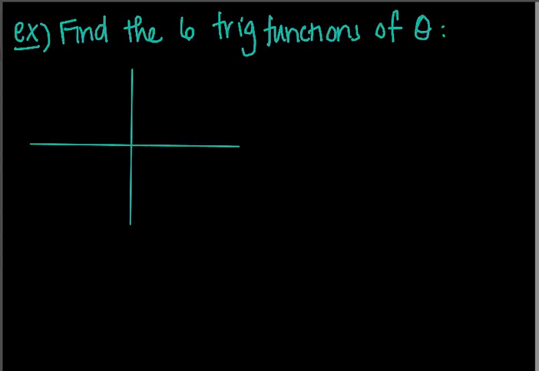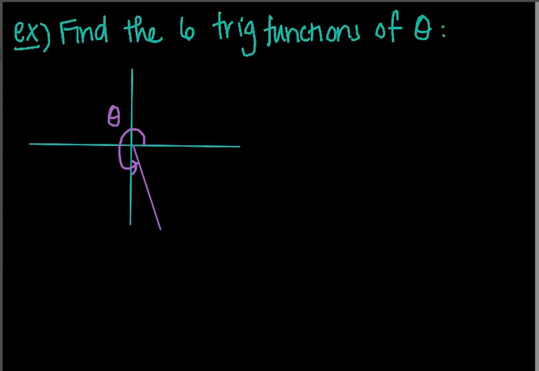Here's my x and y, xy plane. Okay, and let's put theta. Let's say theta goes here. Now, what direction did theta go in? Well, it doesn't really matter because my sine, cosine, tangent are going to be the same, but let's make theta go this way.